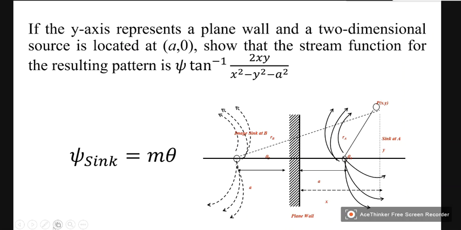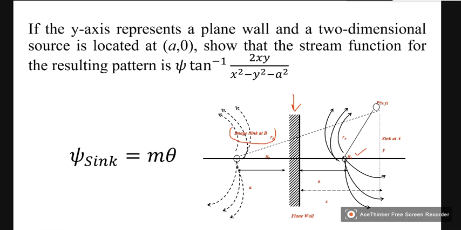So now what we'll do is, we'll do the same thing. So this wall is there and this is the sink that is given. So the flow will be as shown here. Now what I will do is, I will introduce an imaginary sink.